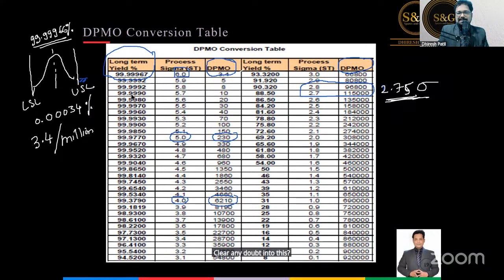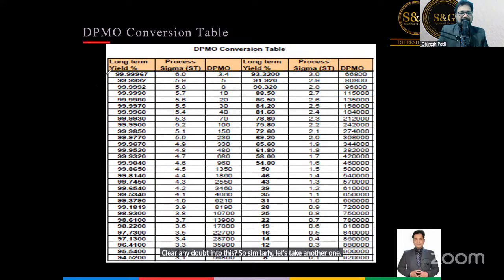So similarly, let's take another one. Let's take the first one over here. So when it comes to 3 sigma process, for example, let me draw this again. So this is my process.